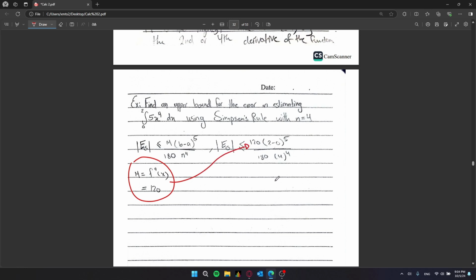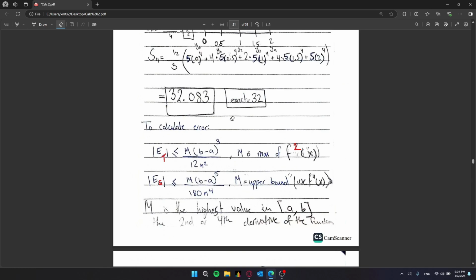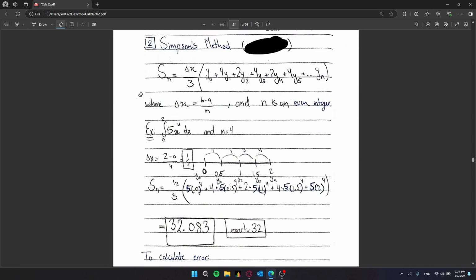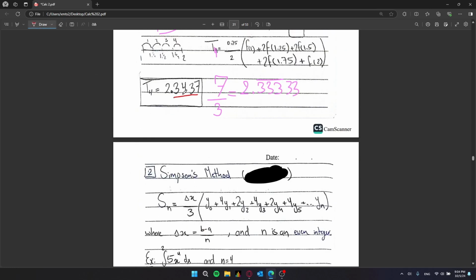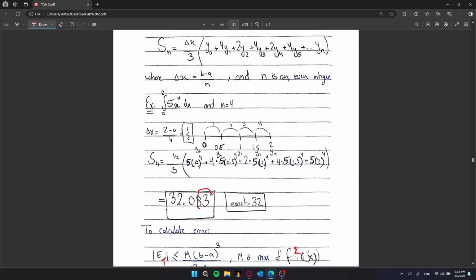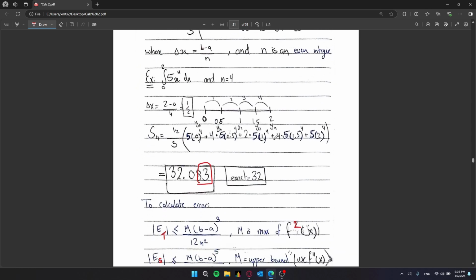The percentage error at the end is going to be mostly a small number. 9 times out of 10 it's going to be less than 10%, so you don't have to worry about that unless you made a mistake in solving the Simpson and trapezoidal method. You can see that the percentage error is usually very small, and in this case, it's 0.08 percent.